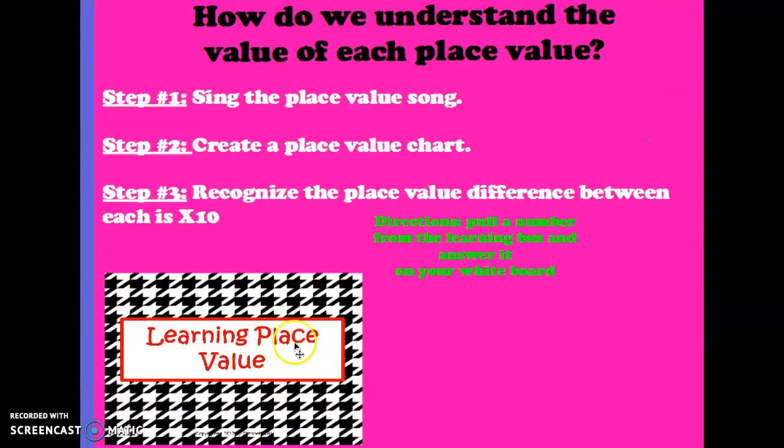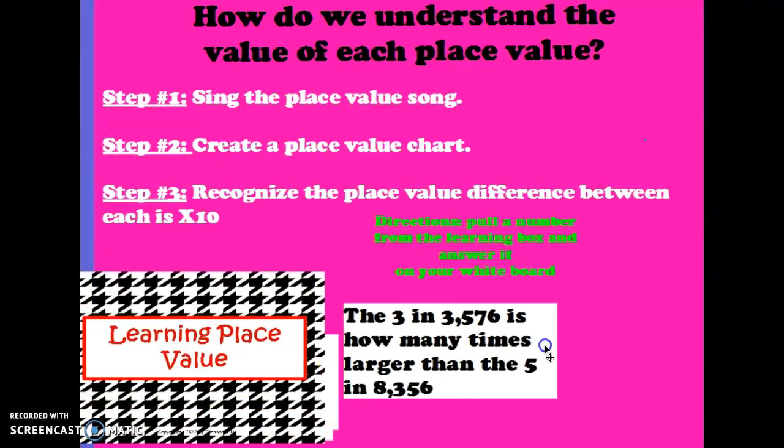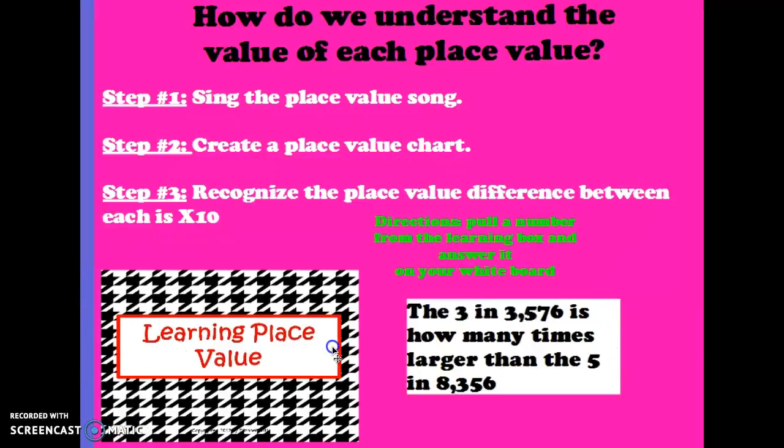Using these same exact steps, if you're asked a question like this, the 3 in 3,576 is how many times larger than the 5 in 8,356, you'll be able to understand that we're just simply talking about the values of numbers being 10 times greater when you're moving from right to left. So don't let the words or the numbers fool you.